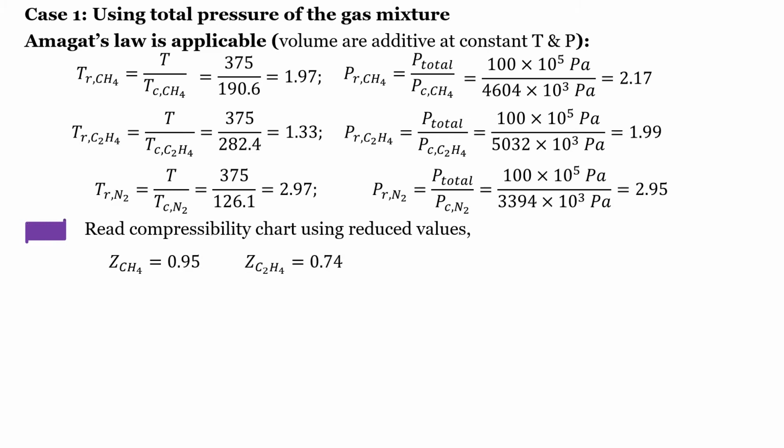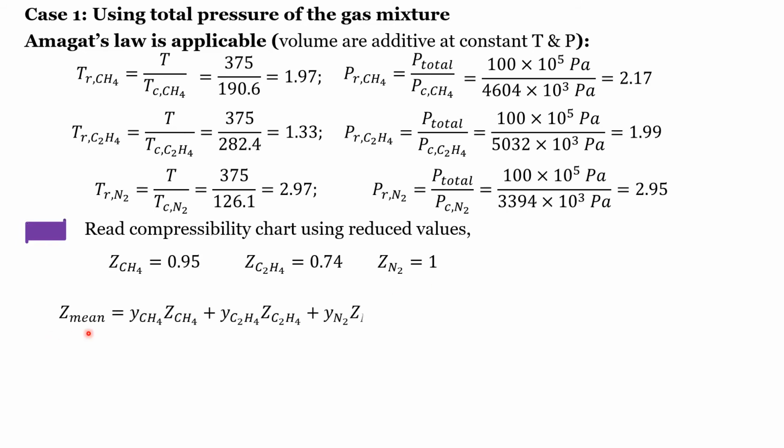In the same way, using TR and PR values of C2H4, we can read the chart and we will get the compressibility factor for C2H4 equal to 0.74. In the same way, we can write the compressibility factor for nitrogen.